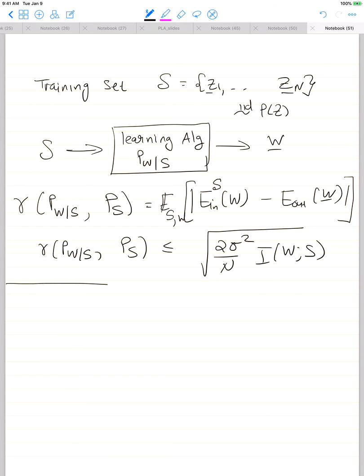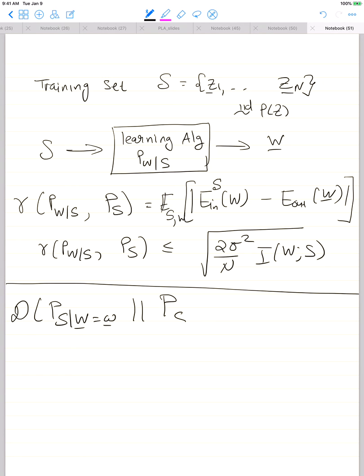So we'll start with the Donsker-Varadhan lemma for a particular relative entropy term. We'll start with P of S given W equals w. Let's say we have some realization of W. We look at the relative entropy between this and PS. Here we are assuming that W is some fixed output.